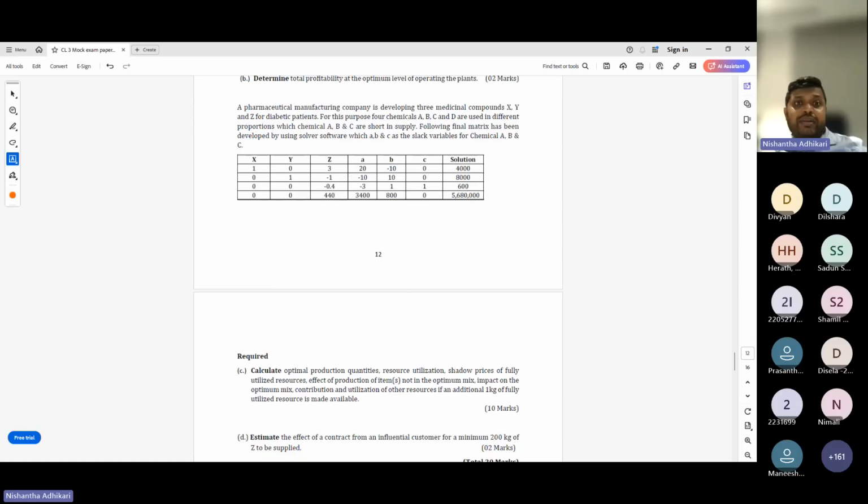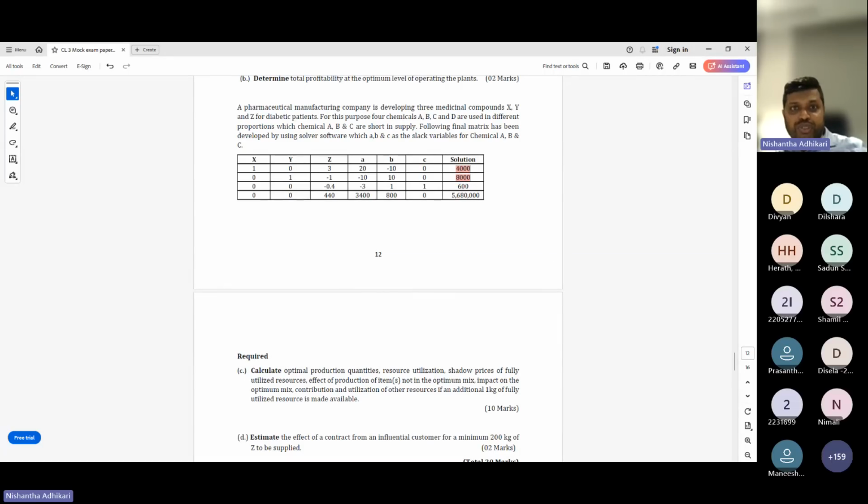If it appears 1, here it appears 1, then they are in the optimal product mix. Therefore, X 4,000, Y 8,000. Therefore, the optimal product mix is X 4,000, Y 8,000.